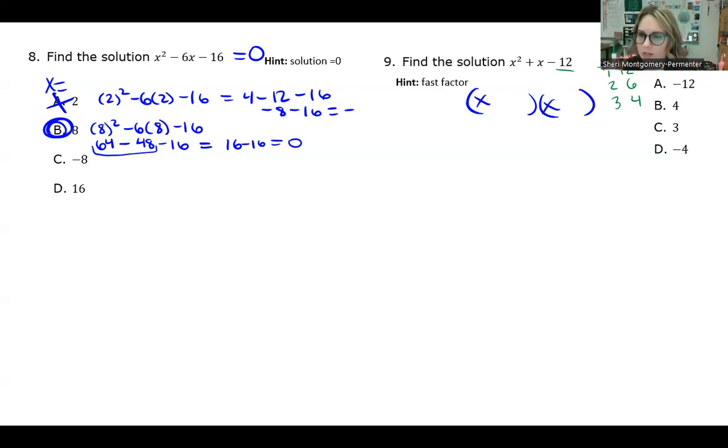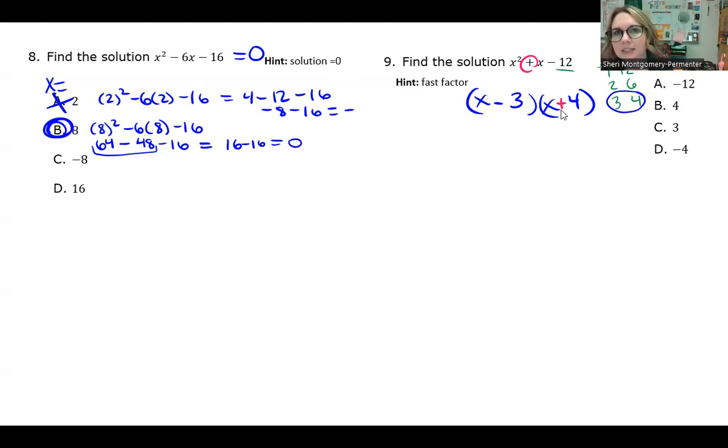Three and 4 would work. So I can take 3 and 4 and put them in here. My middle number is positive this time. So the bigger number, which is 4, needs to be positive. If I have 4, would I add or subtract 3 to get just 1? I'd have to subtract. So these are my factors.